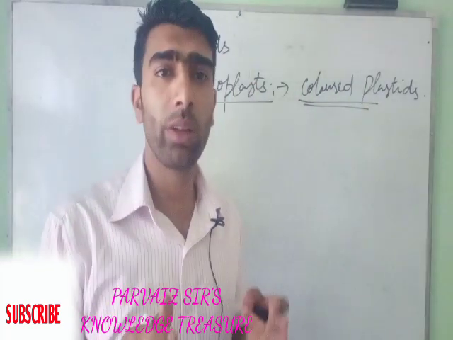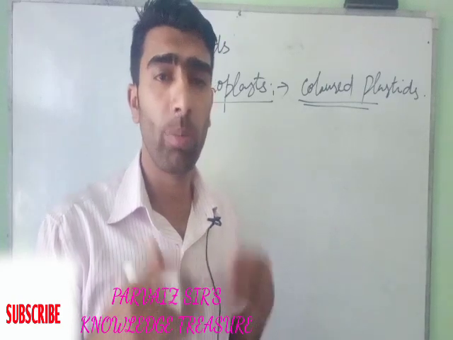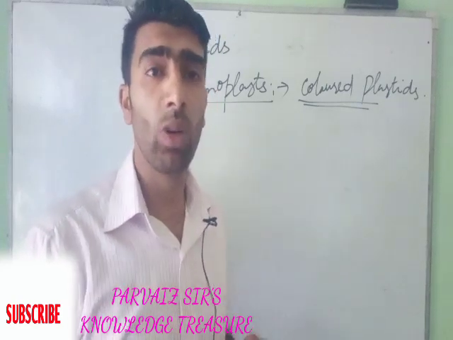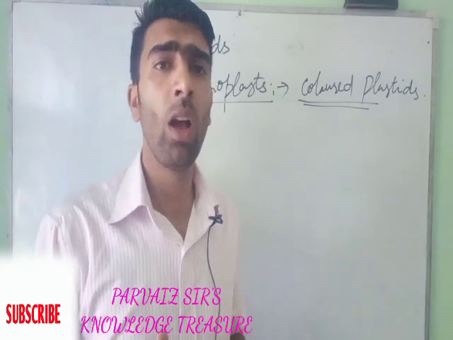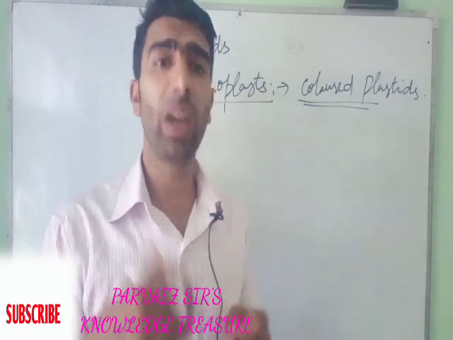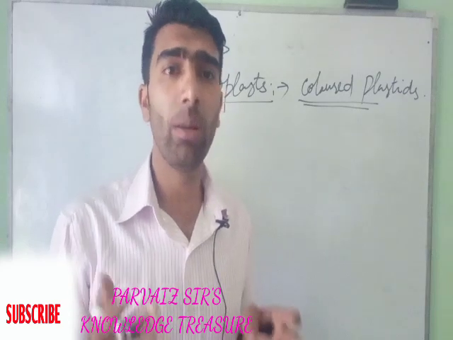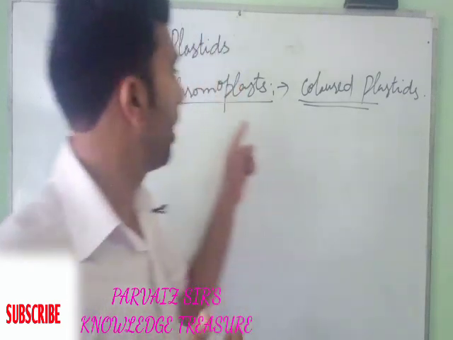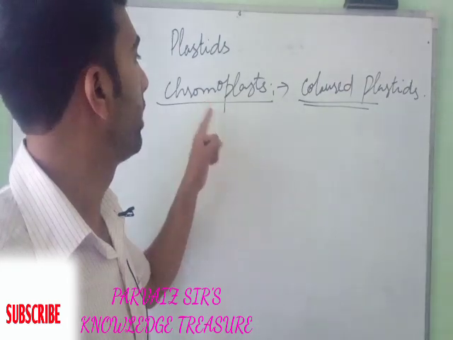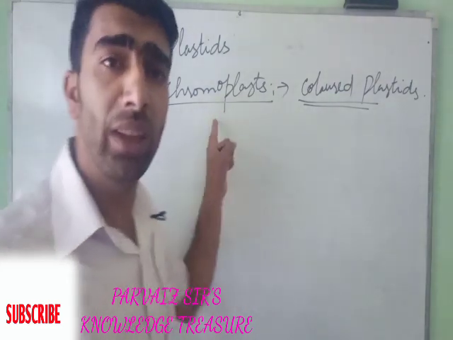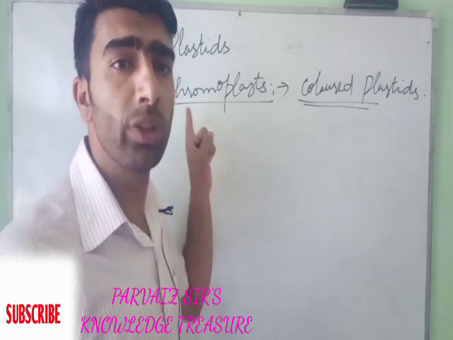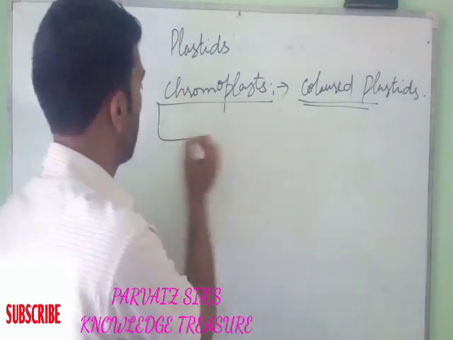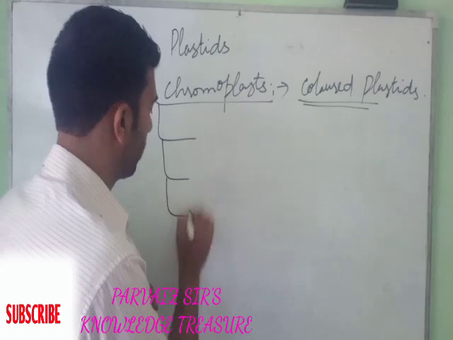Chromoplasts are those plastids which have different colored pigments in them. On the basis of which type of pigment is present in them, they are divided into three types. They are involved in the synthesis of food by photosynthesis.